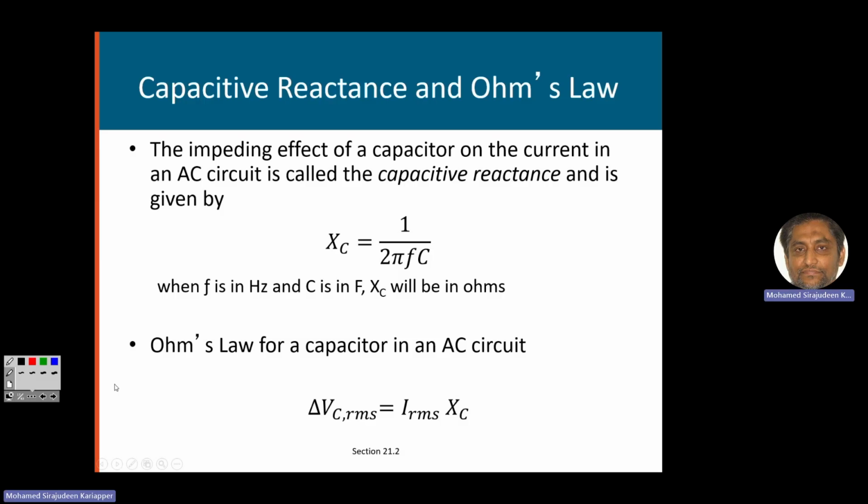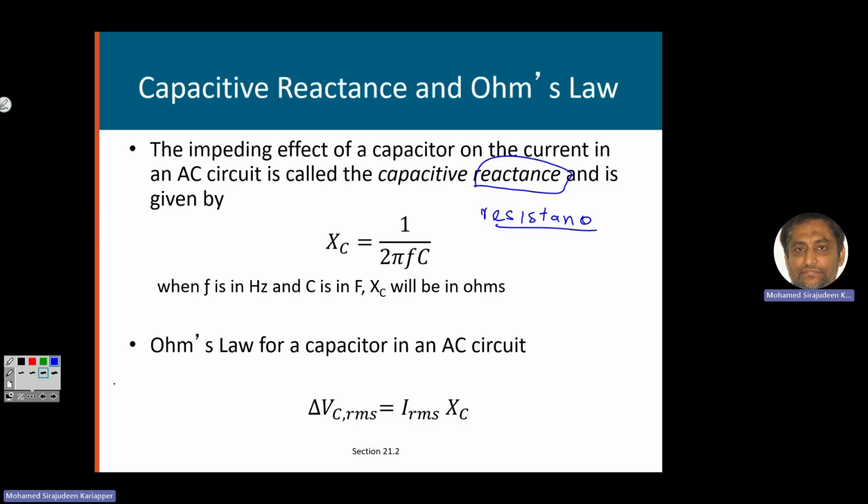We call this impeding effect of the capacitor on the current in an AC circuit reactance. We don't say resistance; resistance is the term reserved for resistors. So the effect of the capacitor on the current through the circuit is called reactance.